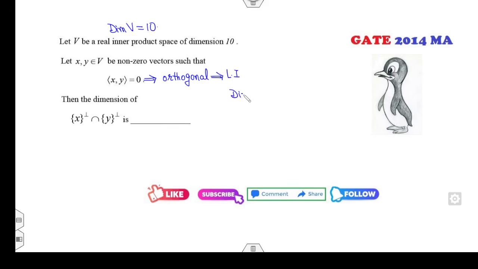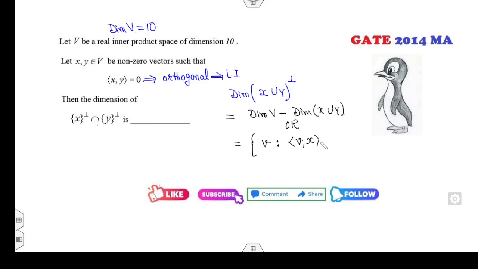Your target is to find the dimension of the orthogonal complement of X union Y. So I can say the dimension of V minus the dimension of X union Y. Or by using the definition of the orthogonal complement, the collection of all those V elements such that the inner product of V with respect to X is 0 and the inner product of V with respect to Y is 0.